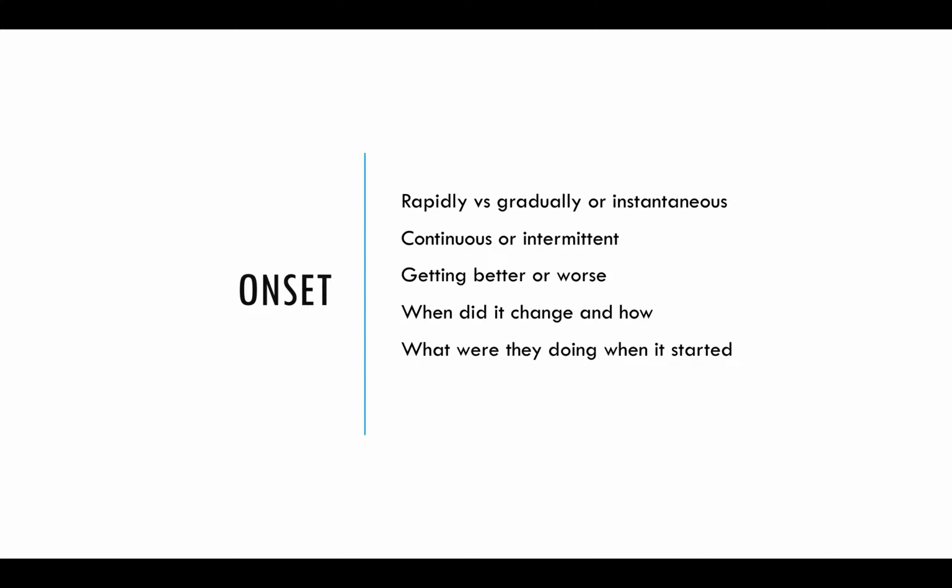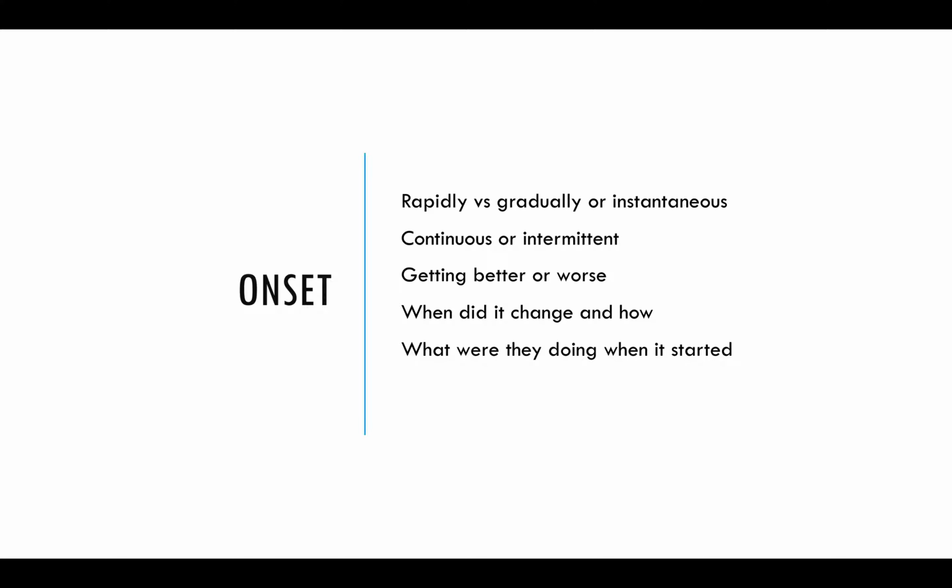They're sudden onset, thunderclap. So that's important to ask. We like to know whether the pain is continuous or intermittent. Does it come and go? And does it get better or worse? Some things make it better or worse.